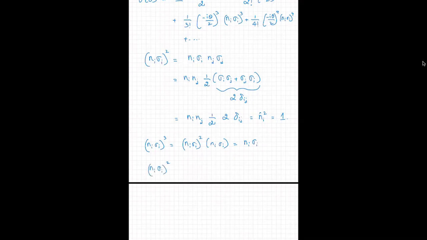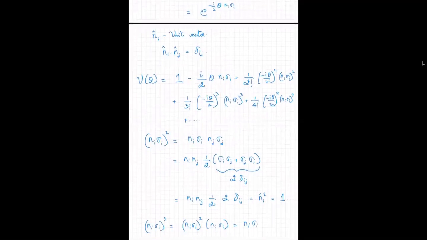For example, the fourth power is (n_i sigma_i) squared times (n_i sigma_i) squared, which is 1 times 1, which is 1. So this exponential only has two different classes of terms: the first class proportional to the identity matrix 1, and the second class proportional to the Pauli matrix sigma_i.